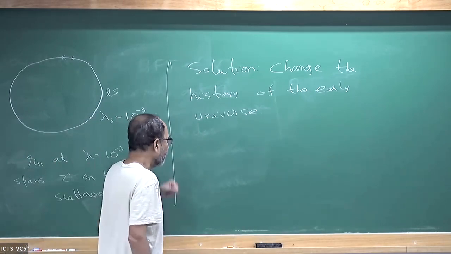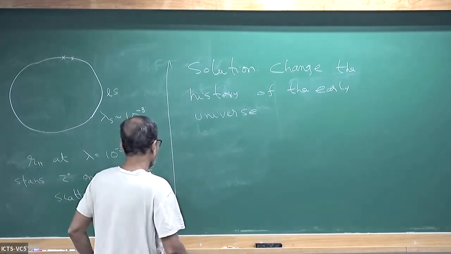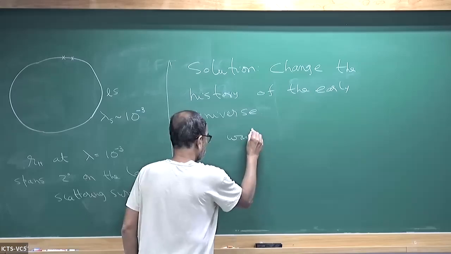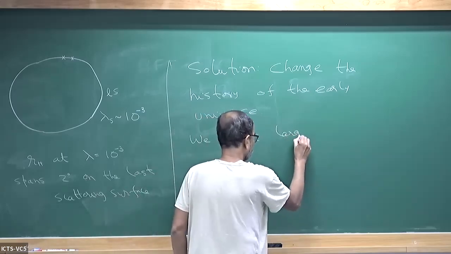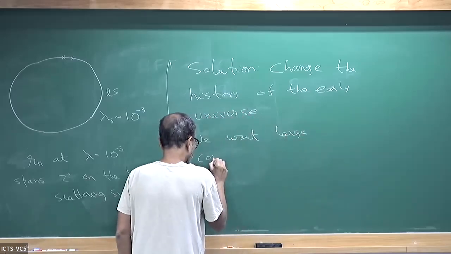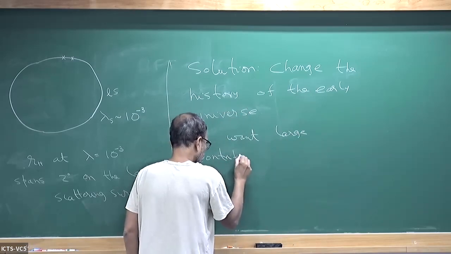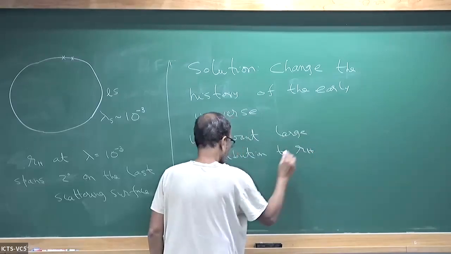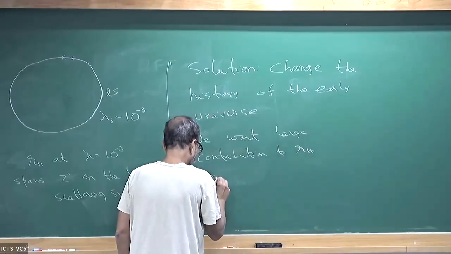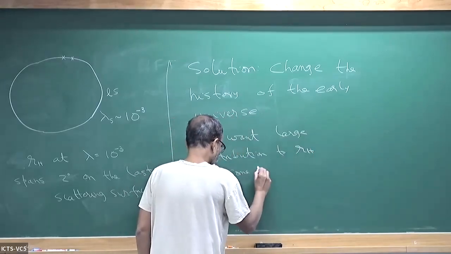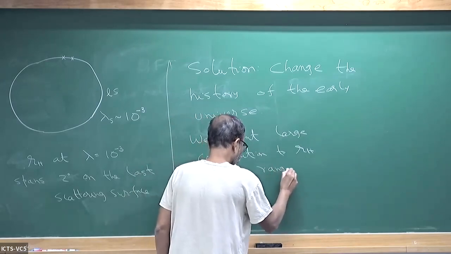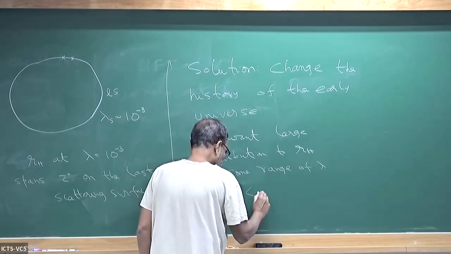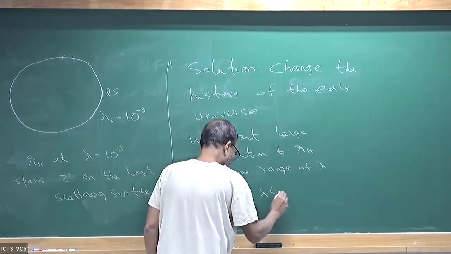So how do we change the history of the universe? We want a large contribution to RH from some range of lambda, say lambda 1 less than lambda 2.